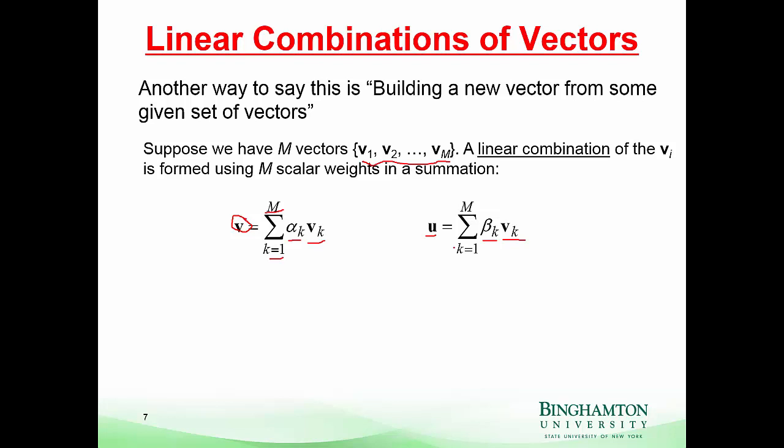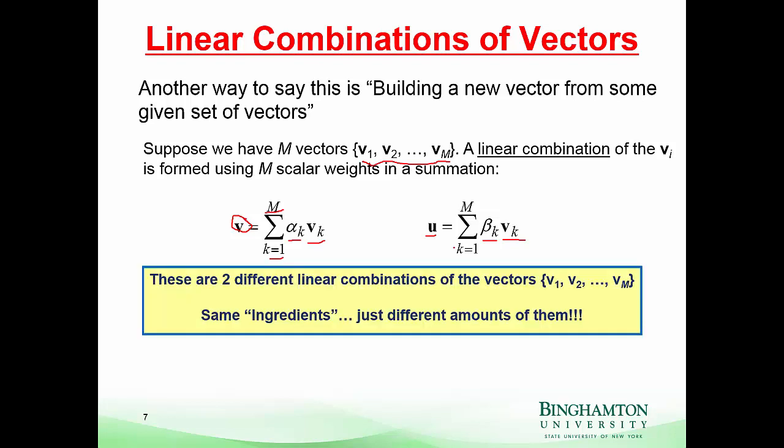Will I be able to build any possible n-dimensional vector, or is there only some subset of vectors that I can build for this given set of vectors? Or flip that question around. If I want to be able to build any vector in n dimensions, what conditions do I need on my set of m vectors to be able to do that? That's actually a big question, and we'll spend a fair amount of time talking about that in future note sets.